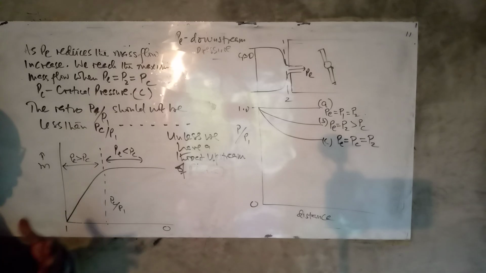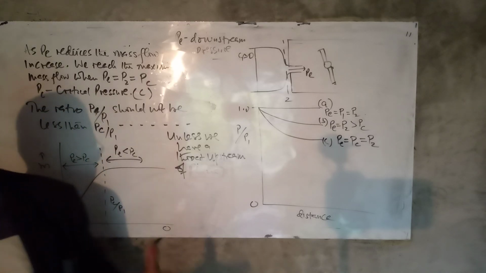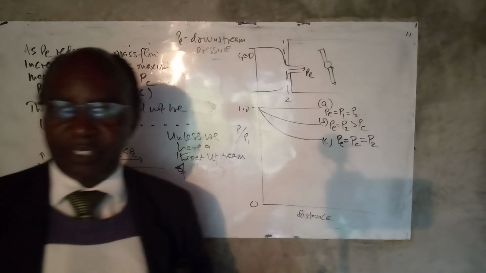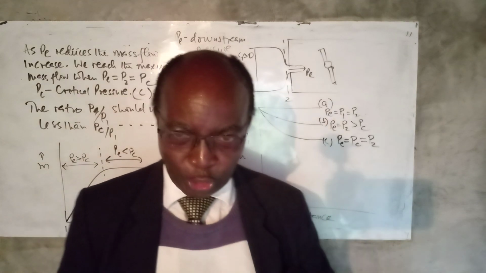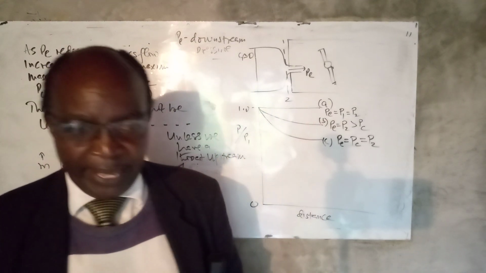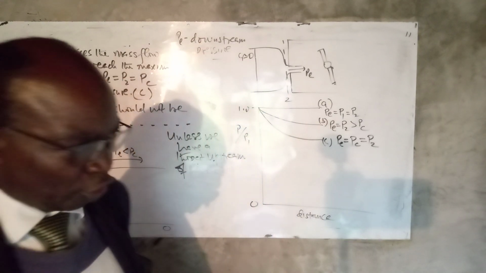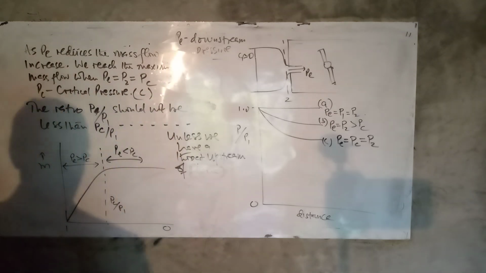So basically, when we are at this point, there will be no change in the velocity, the specific volume, or the mass flow. So basically, the nozzle is choked.